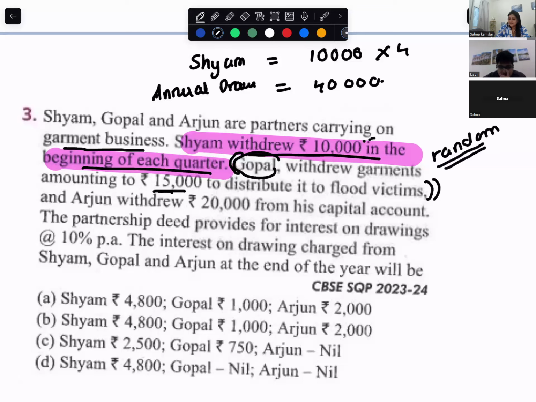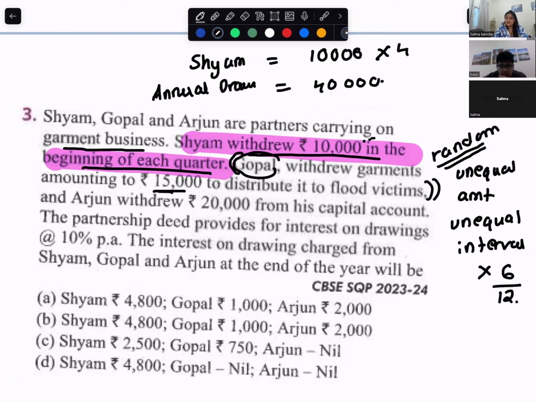That means I could say this is unequal amount, unequal interval. Are you with me? Yes, ma'am. Okay. So unequal amount, unequal interval. Is the date of drawings given to you? No, ma'am. So you will multiply with 6 by 12. So the date of drawings is not given to you.